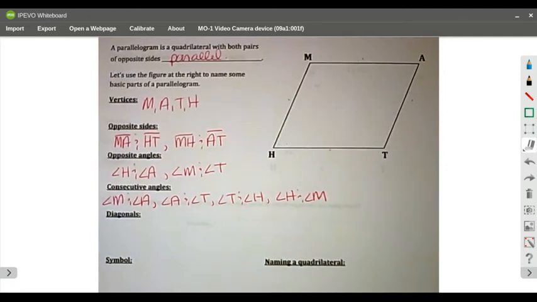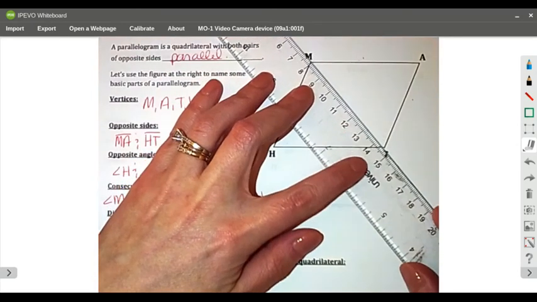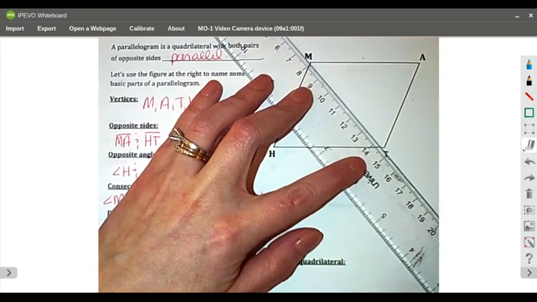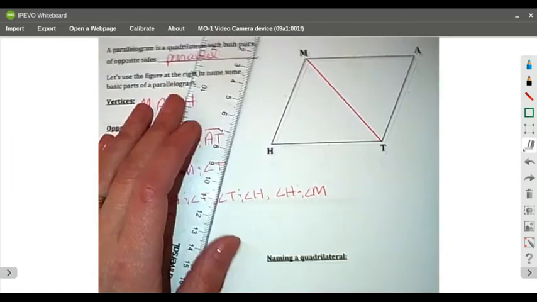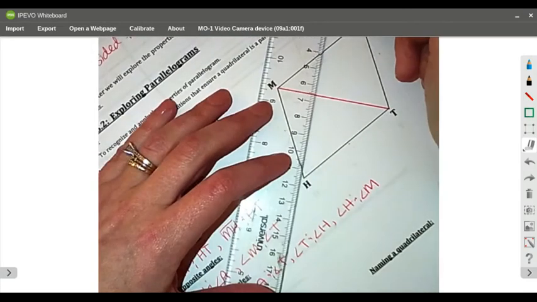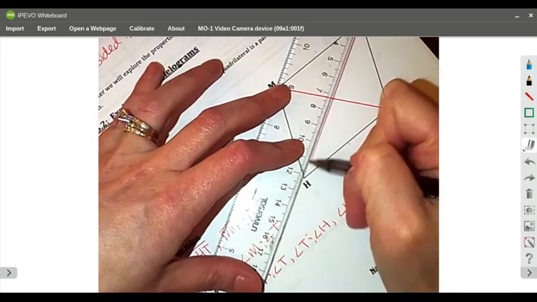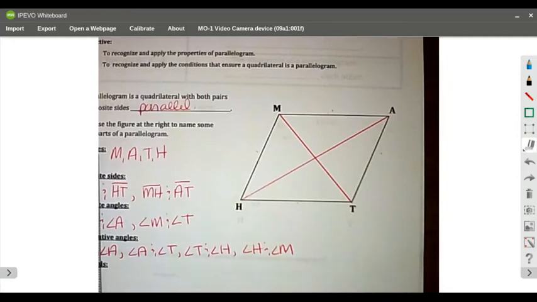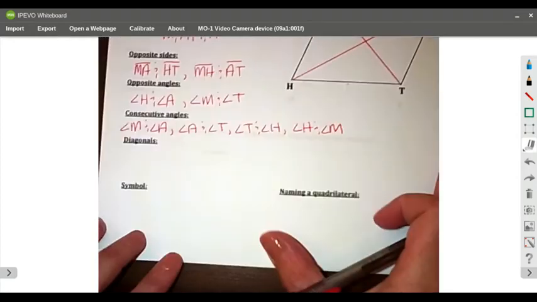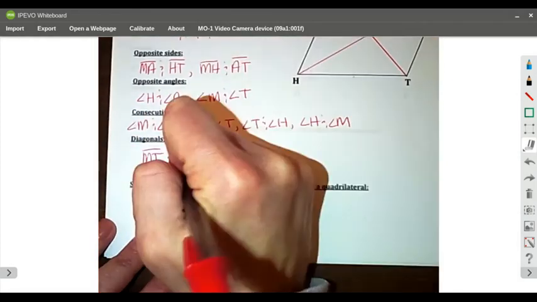The diagonals. The diagonals of a quadrilateral are what you get when you connect the vertices. If I were to connect M and T, that would be one diagonal, and then A and H. Those are the diagonals: MT and HA.